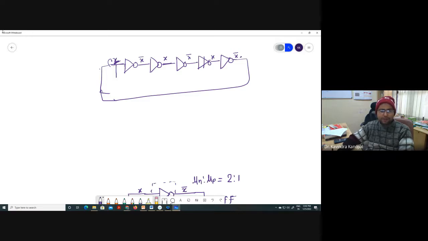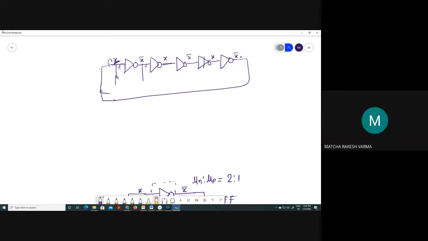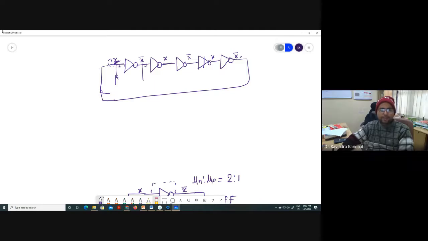What is the delay of one inverter? There is one capacitance here, one capacitance here. Can I say H is 1? Can I say G is 1? Can I say the delay is GH plus P?